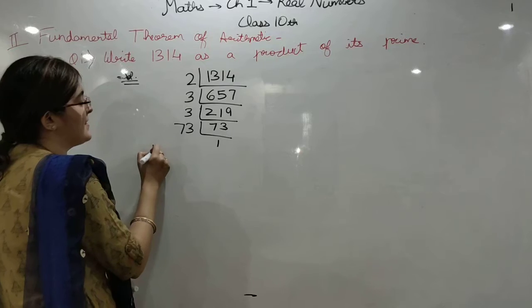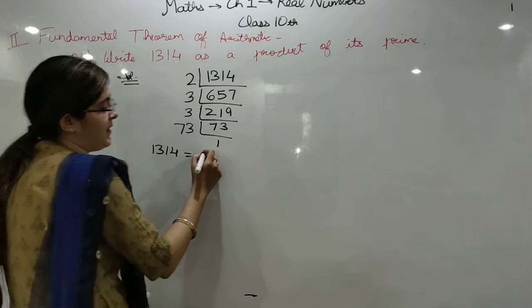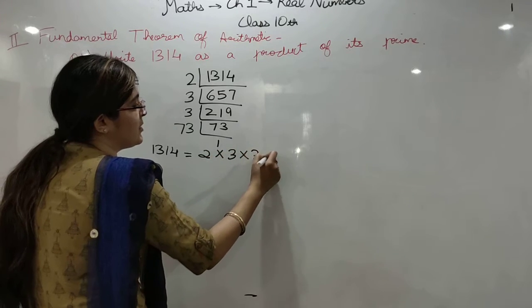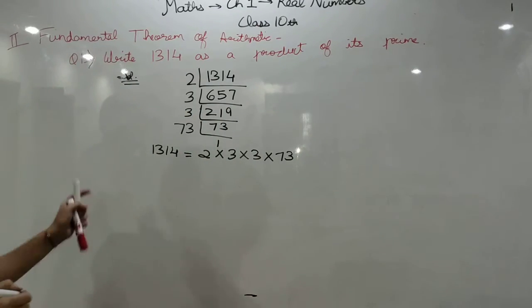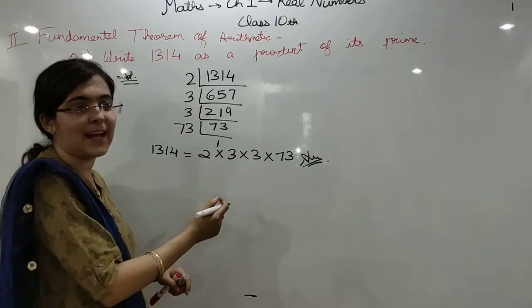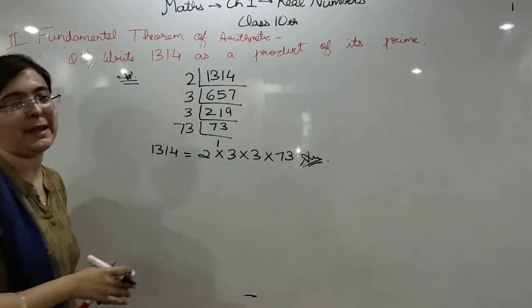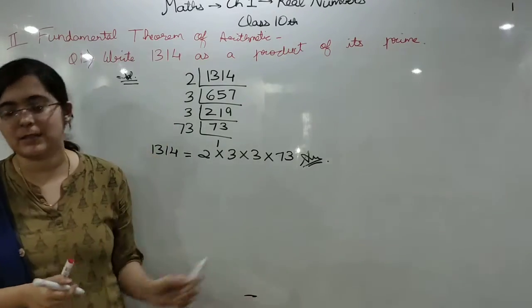So what will be our answer? 1314 can be written as 2 into 3 into 3 into 73. This is your answer. You have to just prime factorize it and write it as the product of its primes. Clear? Now students, pause the video and note it down.